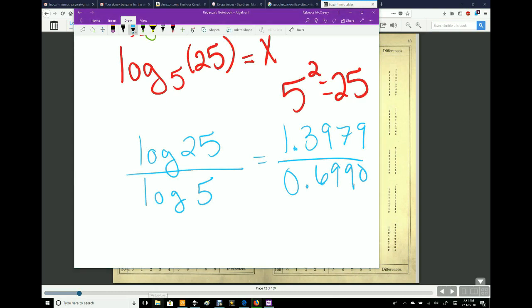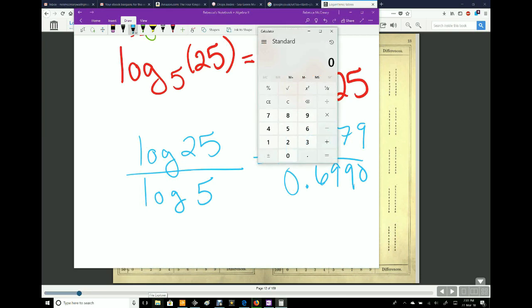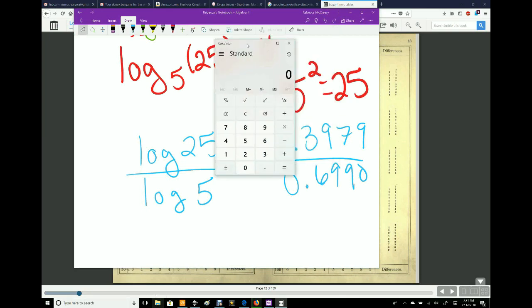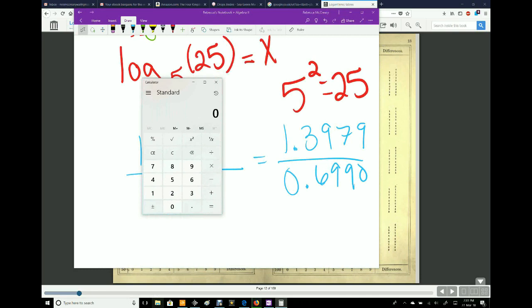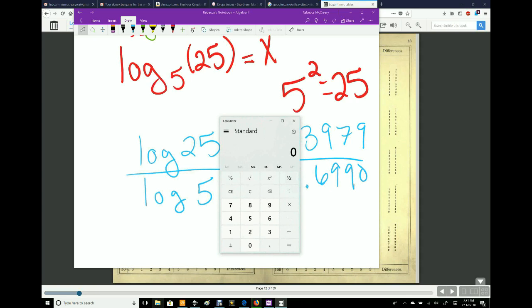And then just to make sure I'm not cheating or magic or anything like that, we're going to go ahead and put this into a calculator. Now, these are rounded to 4 digits, so it might be off a little bit with rounding. But again, we're looking for something that's going to be very close to 2 because we know that 5 squared is 25.